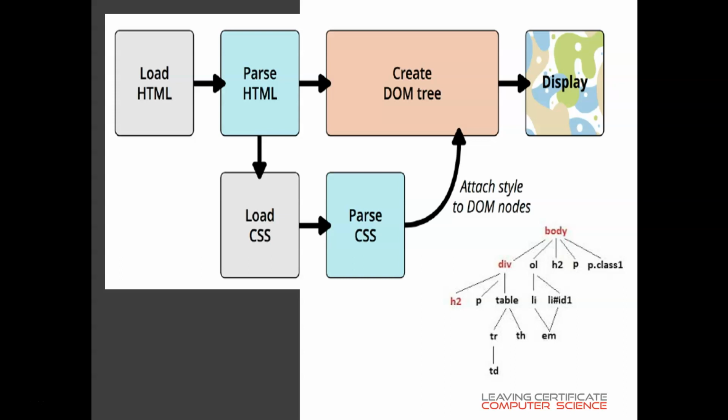Then the browser will load the CSS and break it up into its different elements using the selectors, and it will attach style to each of the nodes on the tree that it has already created. Once this whole tree has been built in memory, it is then rendered to the display.